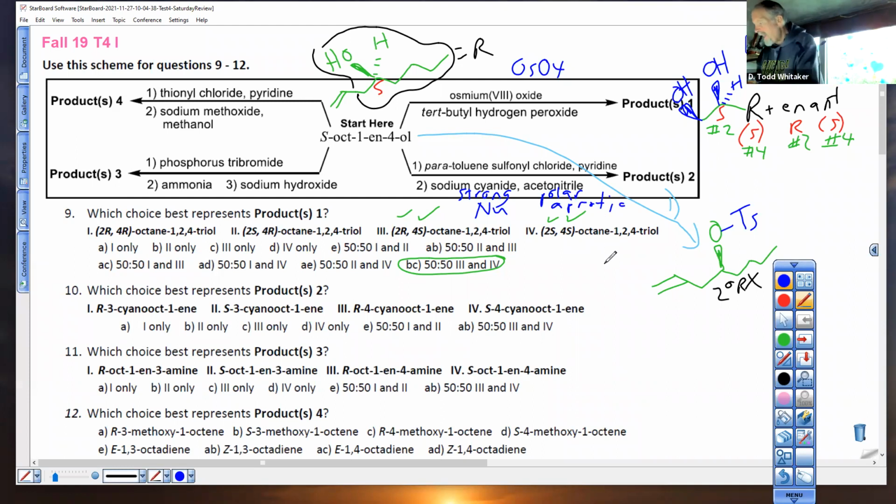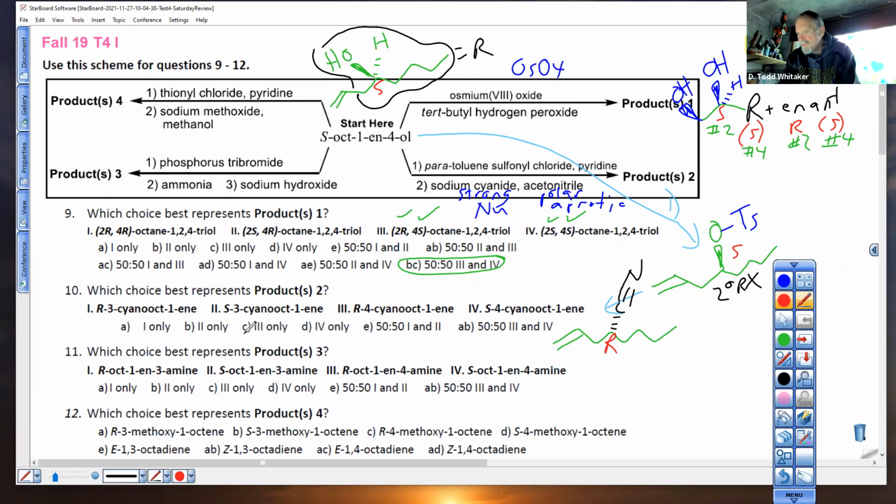So we're going to go from an S here in step 2 to our final product, which will be product 2, looking like this. And that will be a cyanide on a dash. The most important thing, you don't really have to draw it, is to know that it's a backside attack on an S stereocenter giving an R stereocenter. So R-4-cyano-1-octene is this one, but that's not one of our answers.